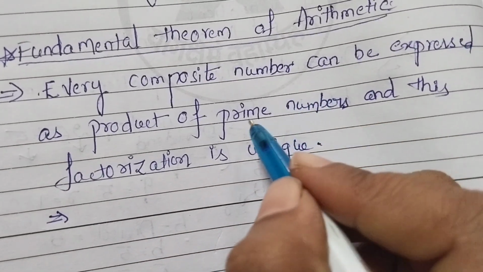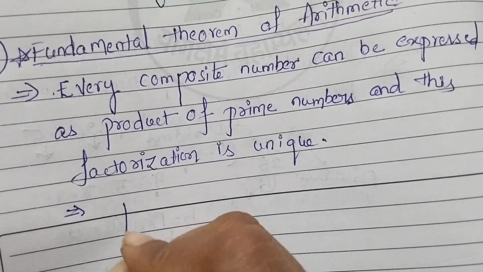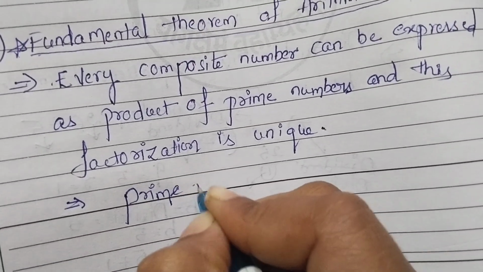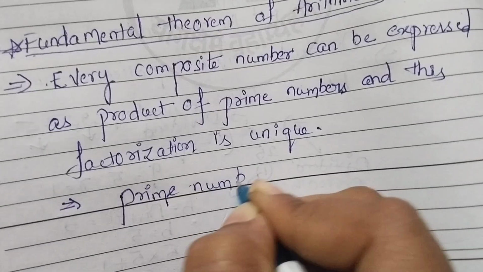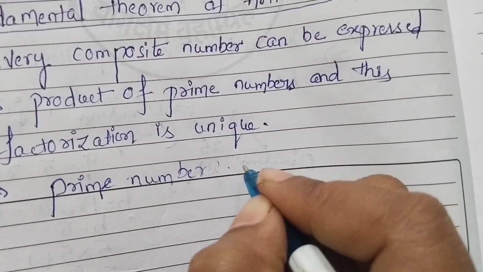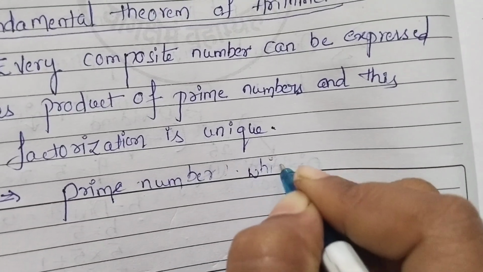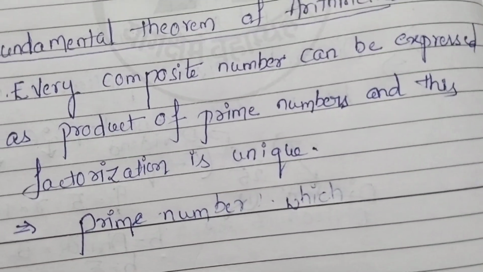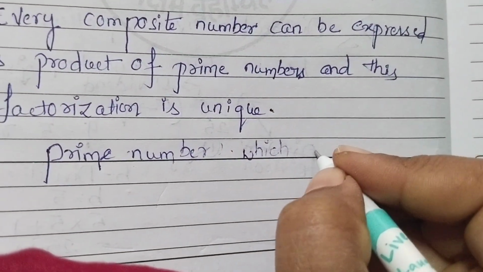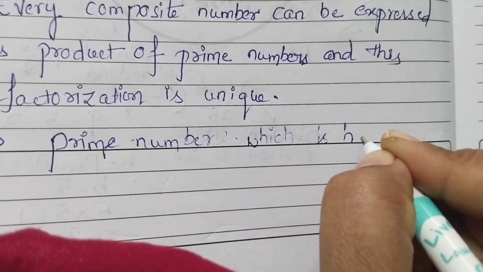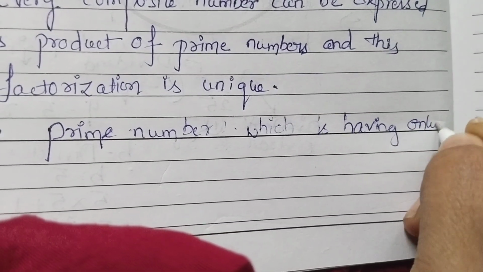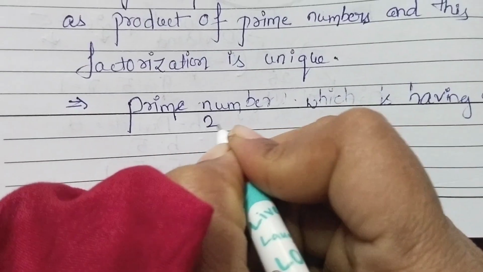But before that, children, do you know prime numbers? What is a prime number? A prime number has only two factors. Only how many factors?